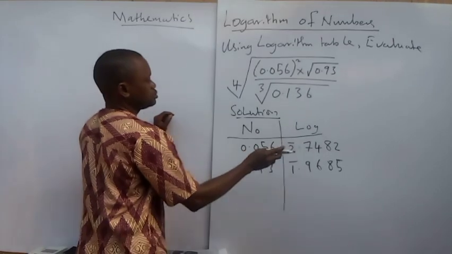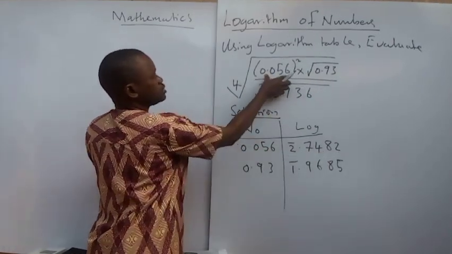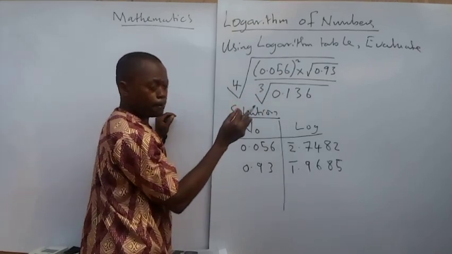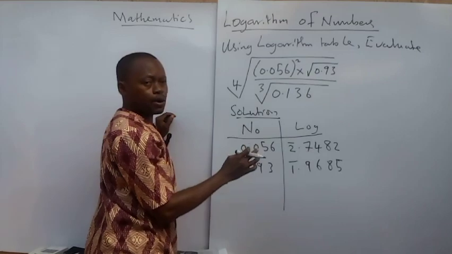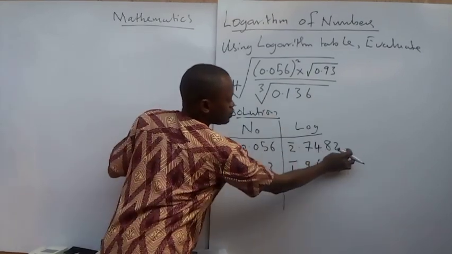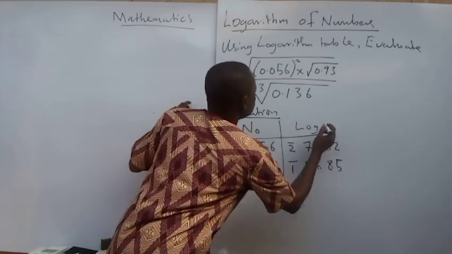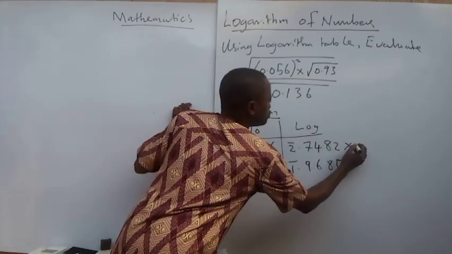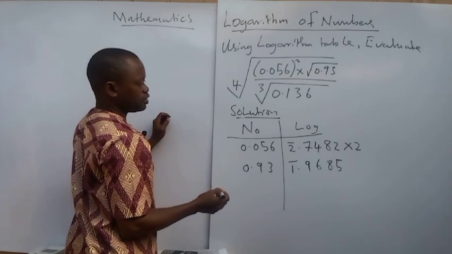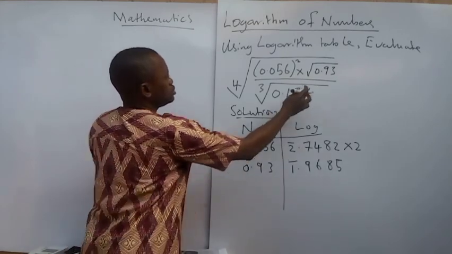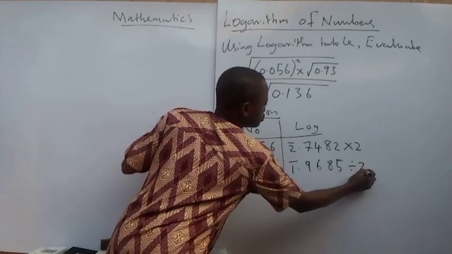Now, this power here has to take effect on this number because it is embedded in that figure. Do you get? So when you want to clear a power, you use that power to multiply the logarithm of the number. So this will be times 2, and we will keep whatever value it gives us, and this will be divided by 2.